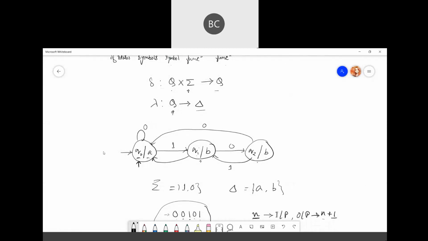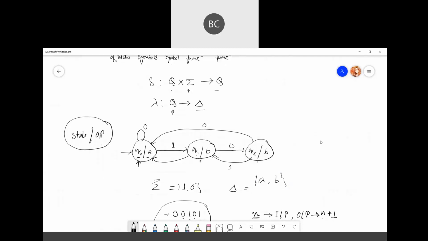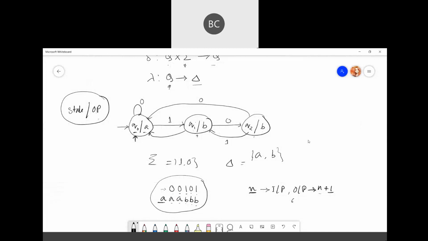We represent a Moore machine state and the output. That's how we represent one particular state. Every state is associated with a particular output. The rest is just the same, just that you are not checking whether a string is accepted or rejected. You are checking what will be the output for the particular input.